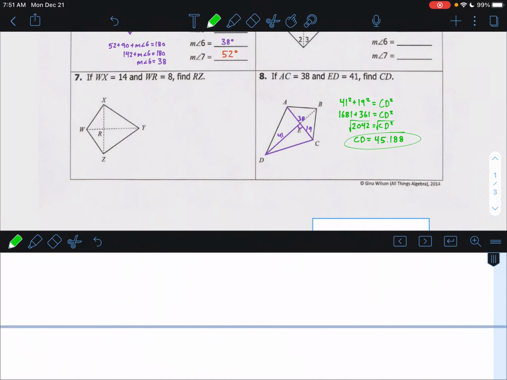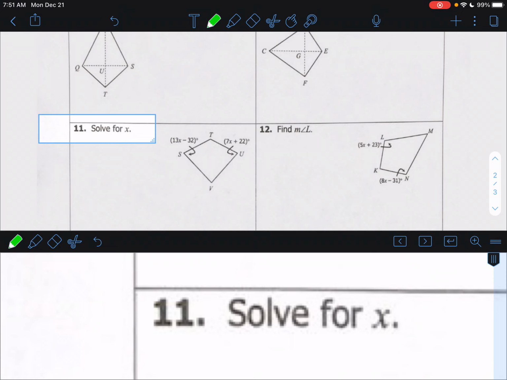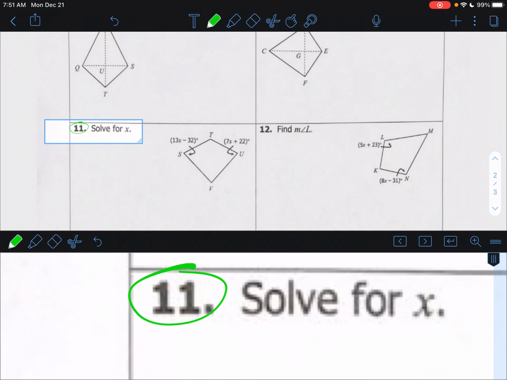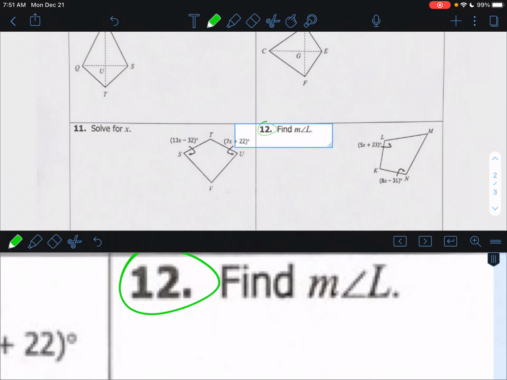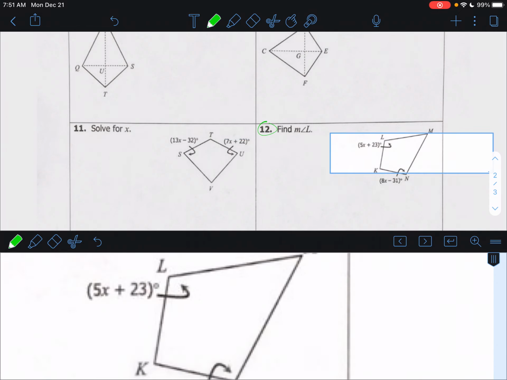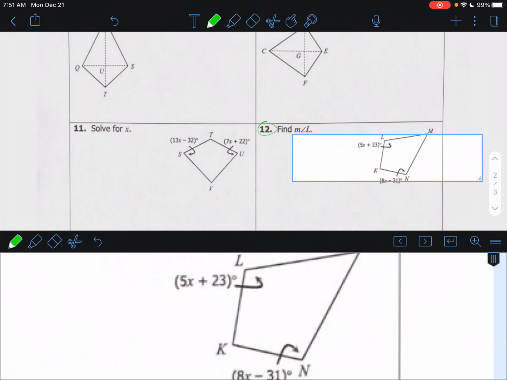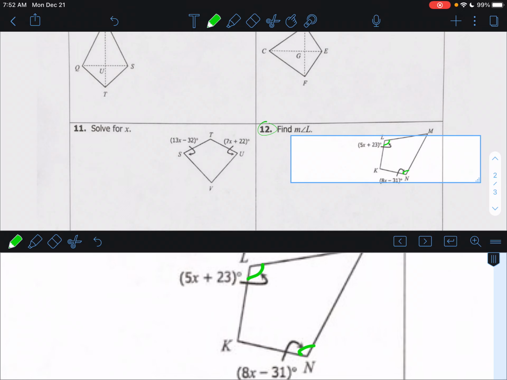All right, another one I want to do together is number 11 here. So on number 11, actually, no, not number 11, number 12, sorry. Number 12. So I see this is a kite, and it looks like that L and that N, the two angles that are marked, are those two congruent angles here.